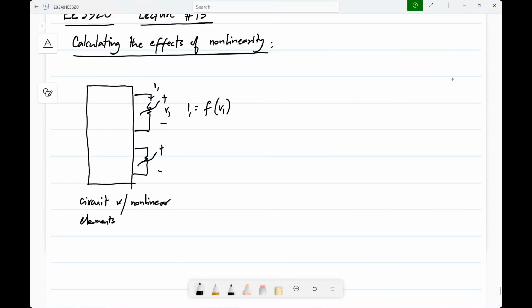Okay, then you just have to use voltage sources instead of current sources. Okay, so the first step is, and let me show one input. Again, you can have multiple inputs, that's not an issue.